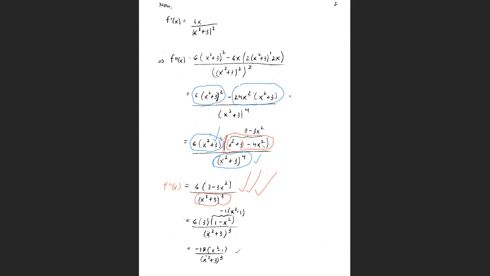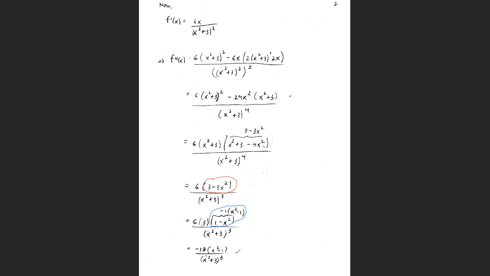You can factor more. That's right, Lynn. So you can factor more. So we can factor 3. Okay, we can factor a 3 out of the 3 minus 3x squared. So that'll become 3 times 1 minus x squared. But I can write 1 minus x squared as negative 1 times x squared minus 1.